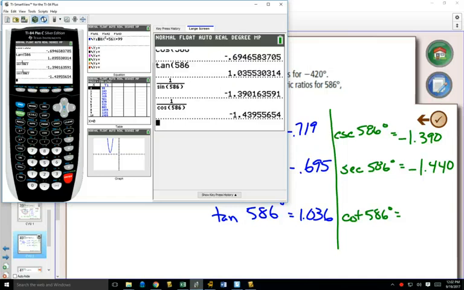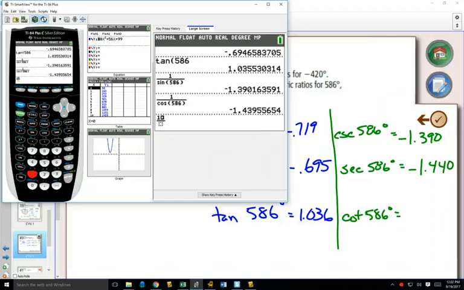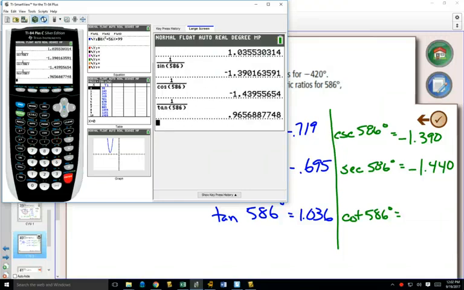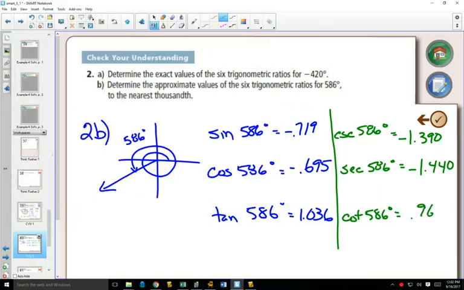And finally, cotangent, 1 over tan of 586, 0.966. And we have all 6 trig ratios to the nearest thousandth.